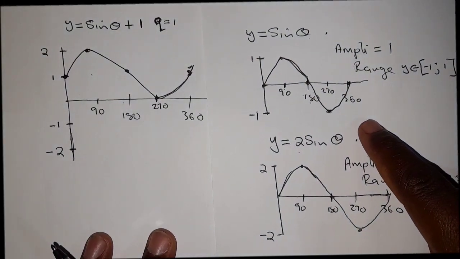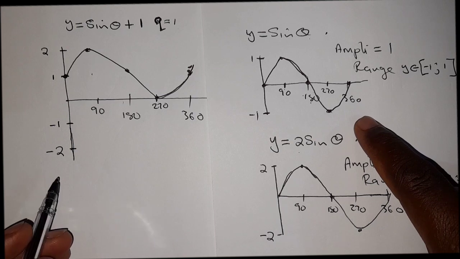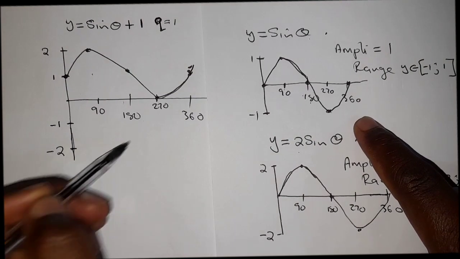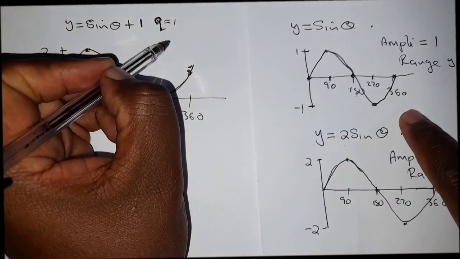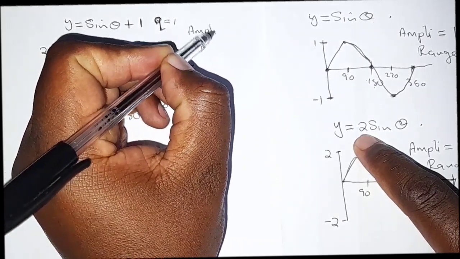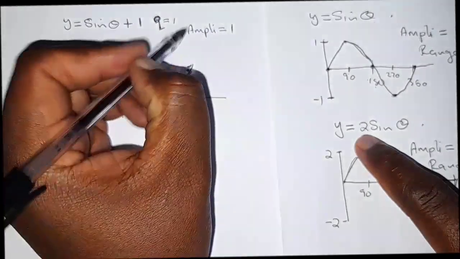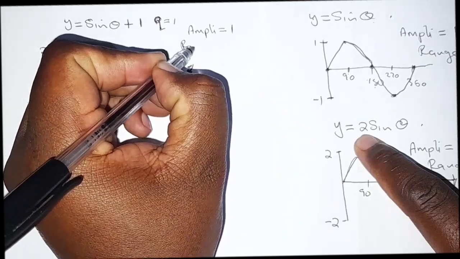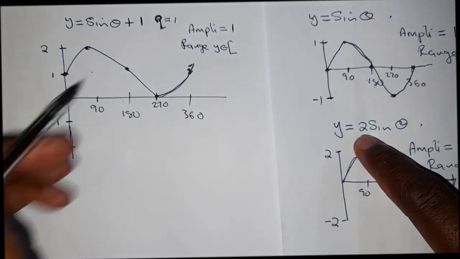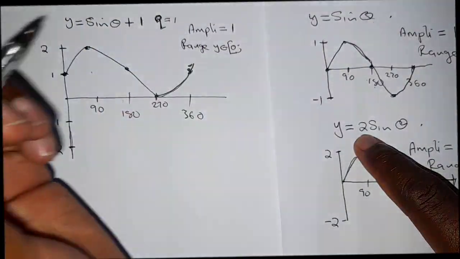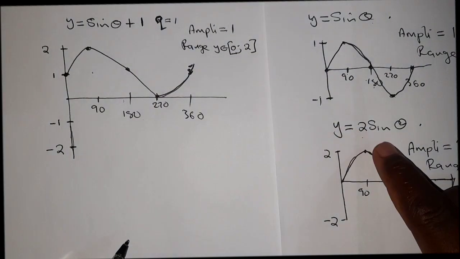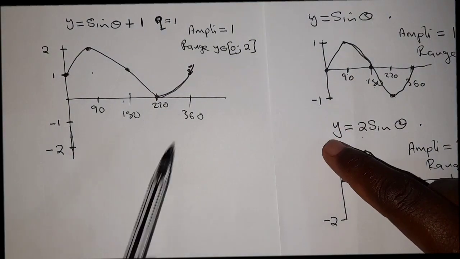All right, here is my graph after a vertical shift. My amplitude is 1, but things have changed here.